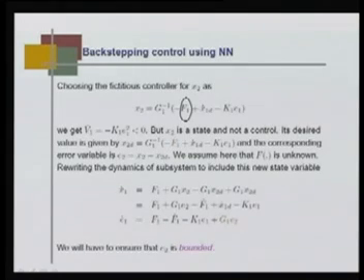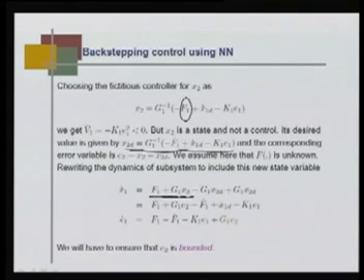Correspondingly, the error variable e2 is x2 minus x2d. Then we can write x1 dot is f1 plus g1 x2, this is my original equation, and I add to this minus g1 x2d and subtract also the same quantity, and I replace this x2d by this quantity.